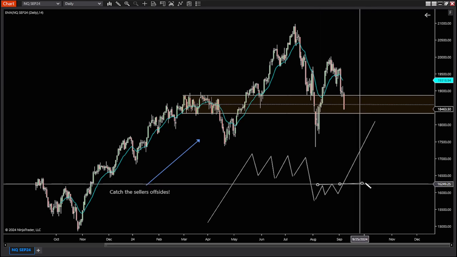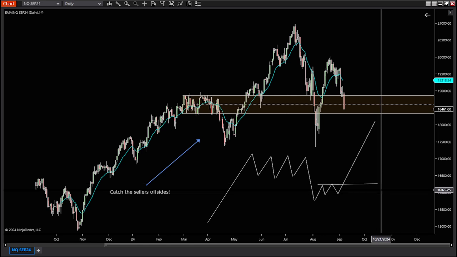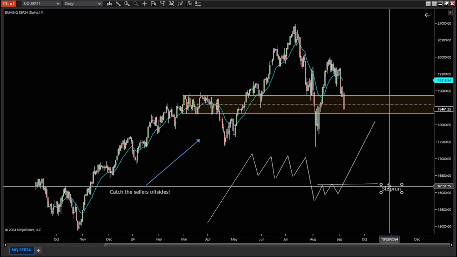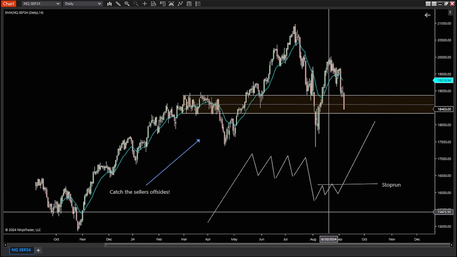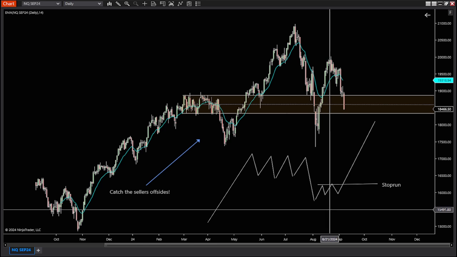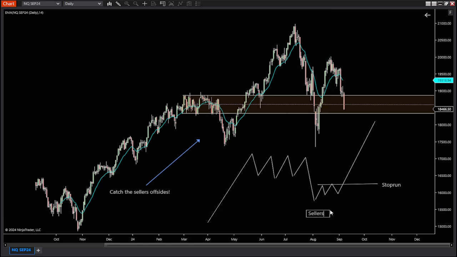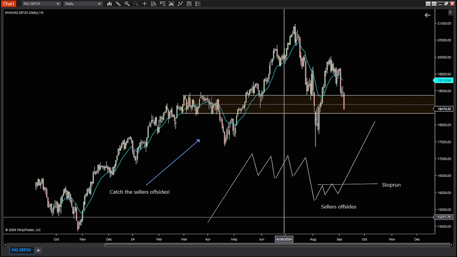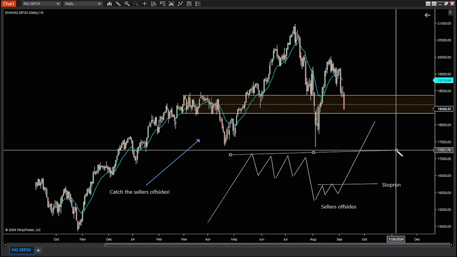Fail, get stopped out here, provide that stop run because they are offsides. Because those sellers are offsides. Here's the range.